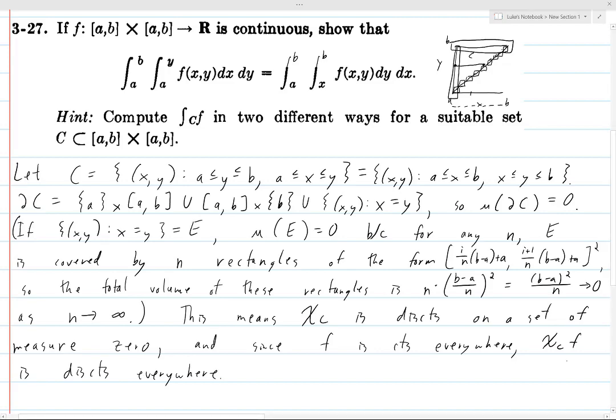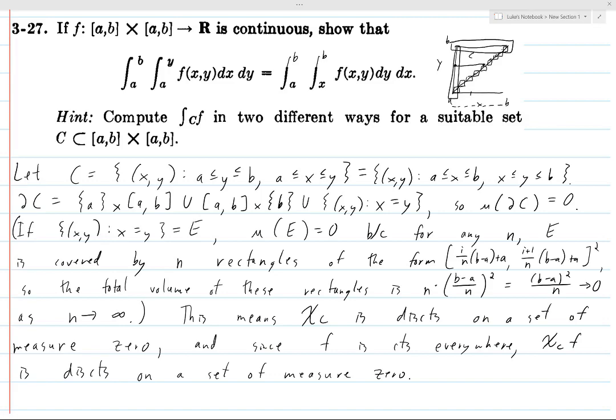Continuous everywhere. So this is discontinuous on a set of measure 0. All right, and we know that this product of two functions is discontinuous only on a set of measure 0. And so basically this product is going to be integrable.